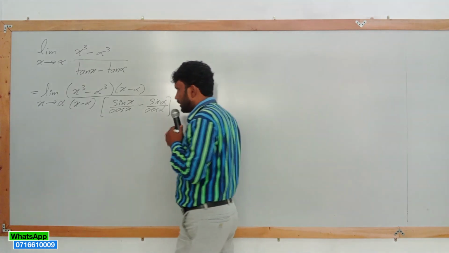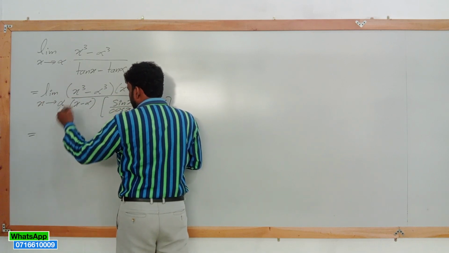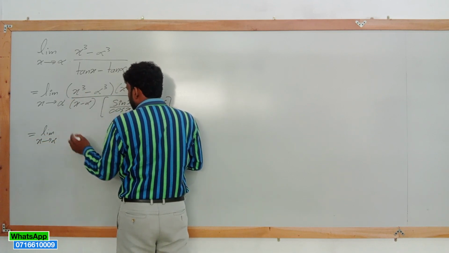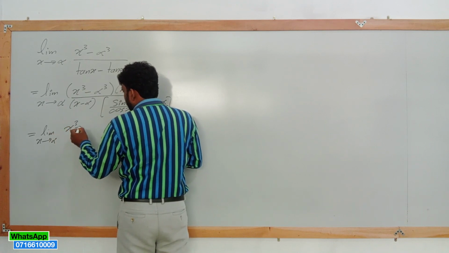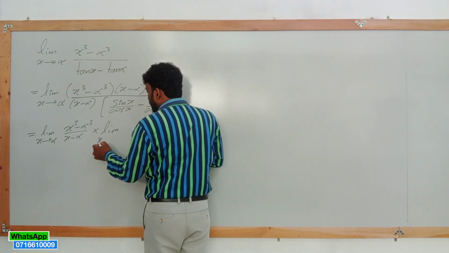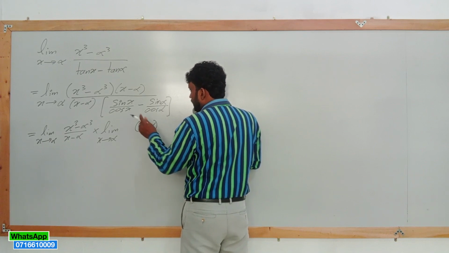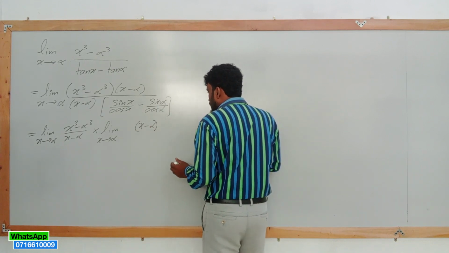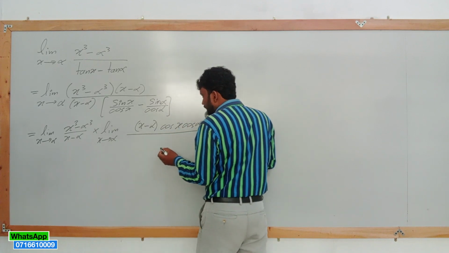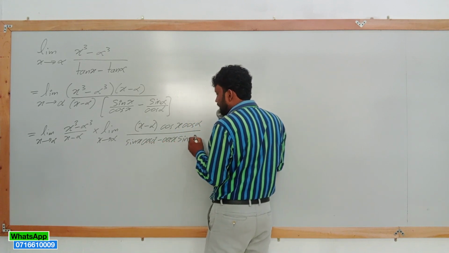Now you can separate this: limit x goes to alpha of x cube minus alpha cube over x minus alpha, multiplied by limit x goes to alpha of x minus alpha upside, and multiplying up and down both sides by cos x cos alpha, here cos x cos alpha, divided by sin x cos alpha minus cos x sin alpha.